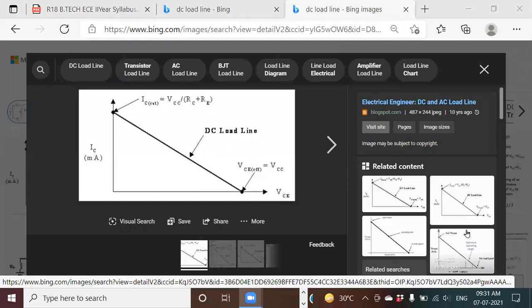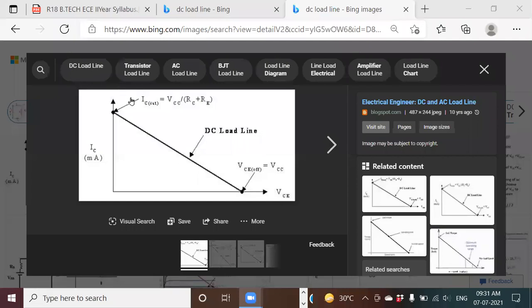What we have in our amplifiers is the load line we have seen. In amplifiers, we are considering signal swing along the DC load line, whereas in multivibrators we are using the transistor as a switch.